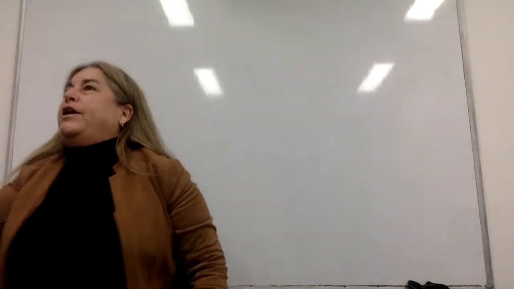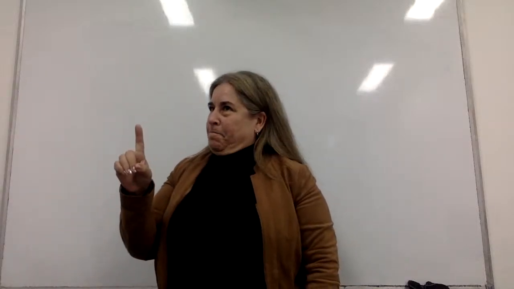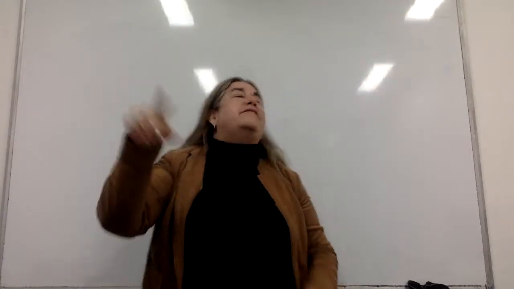Okay, let's see now. How many children do you have? No children. 2. And I have 5. So what can you say about me? The teacher has more kids than... Yes, but when you say more kids, look at this.